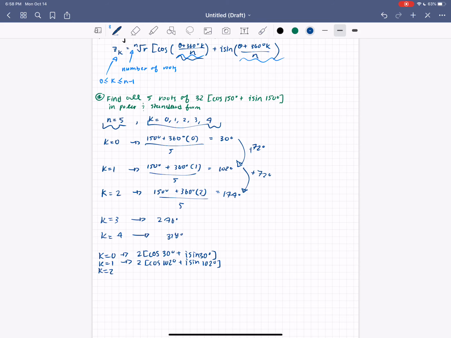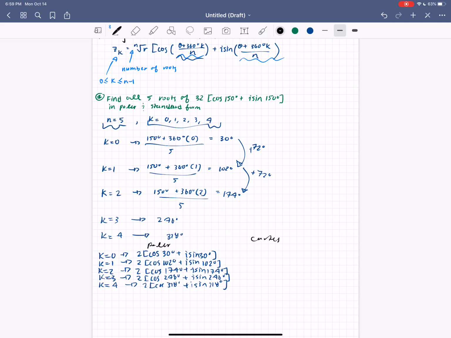For k equals 2, it becomes 2 cos 174 degrees plus I sine 174 degrees. For k equals 3, it becomes 2 cos 246 degrees plus I sine 246 degrees. For k equals 4, it becomes 2 cos 318 degrees plus I sine 318 degrees. So these are your roots in polar form.